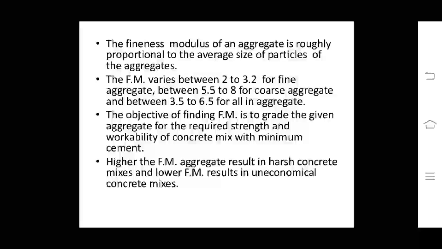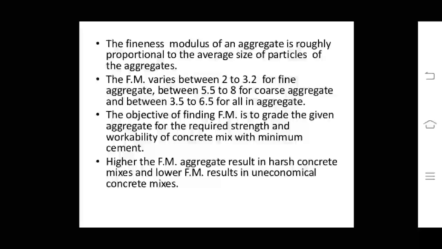The fineness modulus of aggregate is roughly proportional to the average size of particles of the aggregate. The fineness modulus varies between 2 to 3.2 for fine aggregate, between 5.5 to 8 for coarse aggregate, and between 3.5 to 6.5 for all-in aggregates.